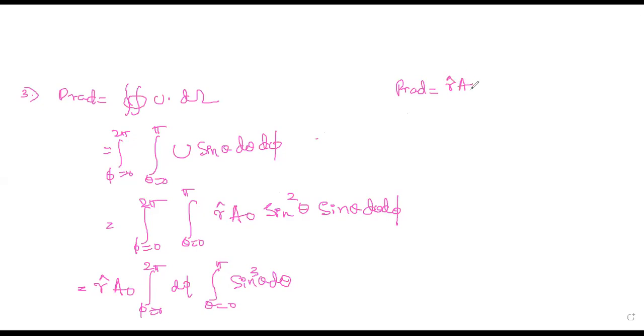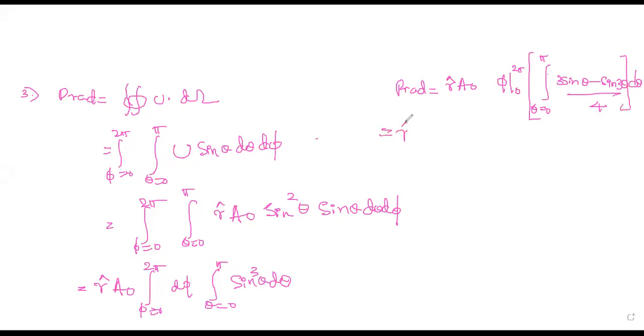What is sine cube theta? It is 3 sine theta minus sine 3 theta divided by 4, into d theta.